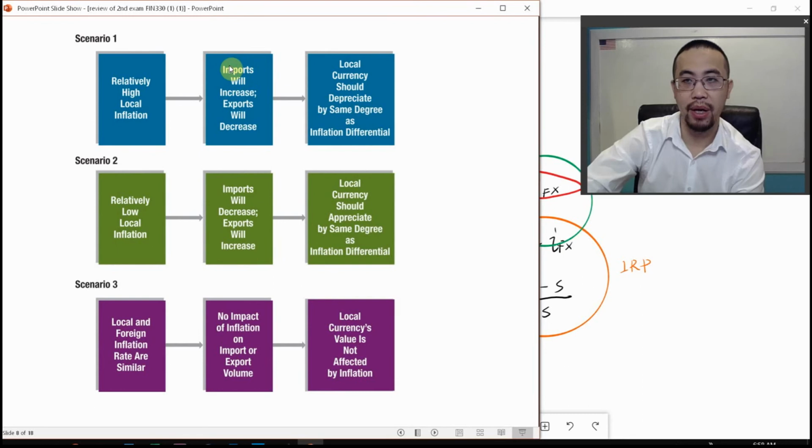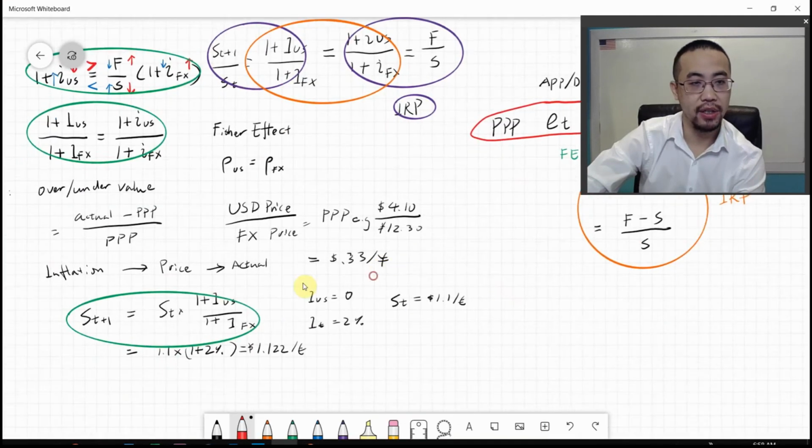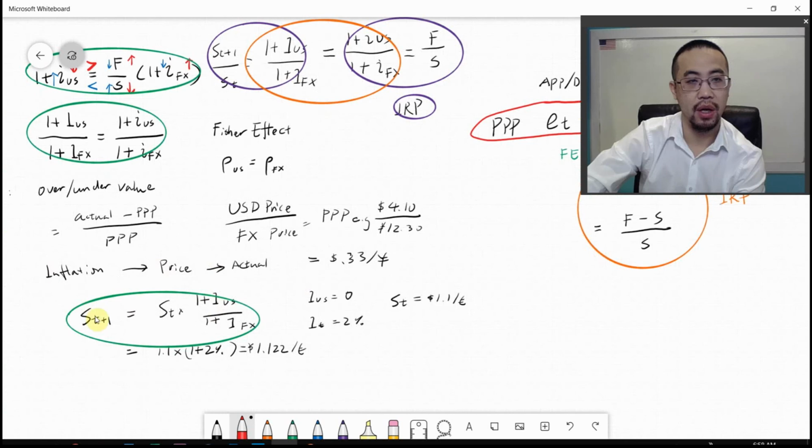You just need to remember that when the inflation of one country increases more than the other country's, then that country's currency, I mean the domestic currency, will depreciate. So higher inflation, lower value of your currency. That's a rule, and in terms of calculation, this is something you need to handle.